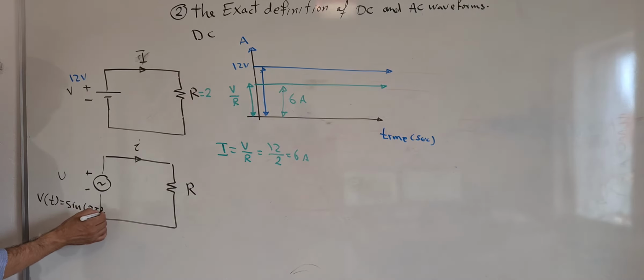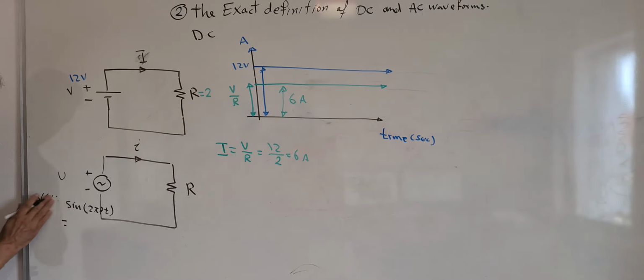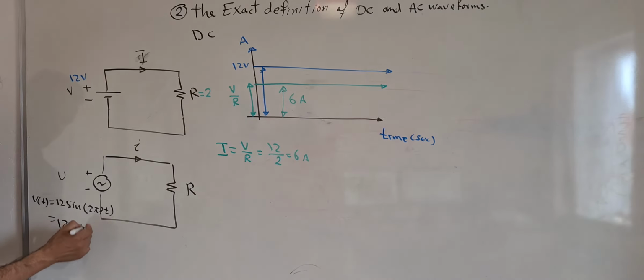For example, here it's 2 pi f t. So that's my voltage. And if the frequency is 50 hertz, and don't forget the maximum value of the voltage. For example, if we take 12 volt, so that's v of t, it's 12 sine. If the frequency is 50 hertz, it becomes 100 pi times time. Okay.